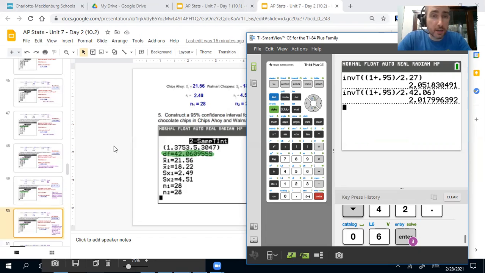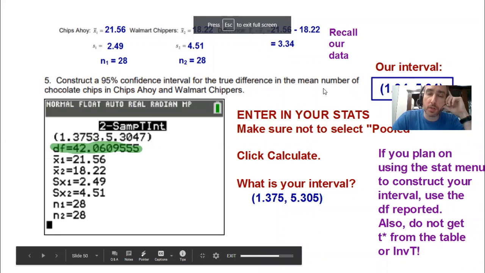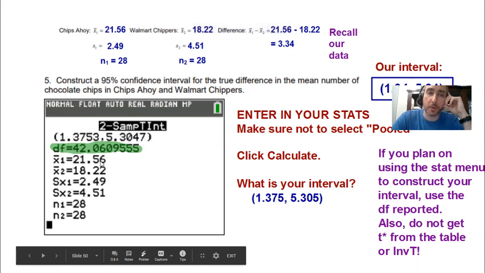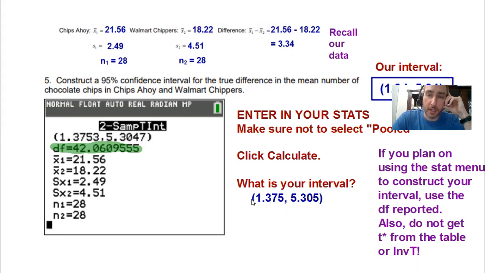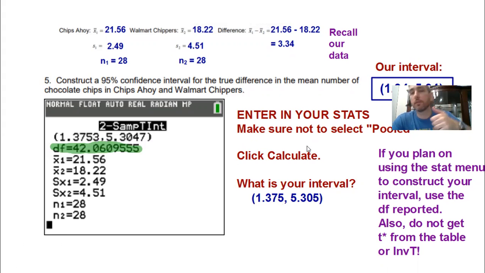So the calculator does not use the conservative estimate, and like I said, that's okay. If you were to report your degree of freedom from your calculator and the interval associated in your stat menu, then you don't want to say what t-star is based off of inverse T or the table that you did with the conservative degree of freedom.